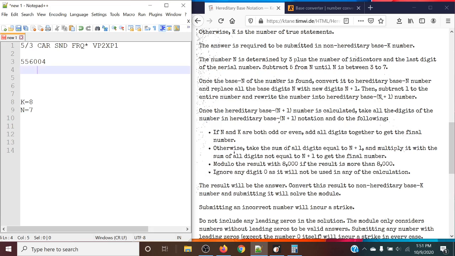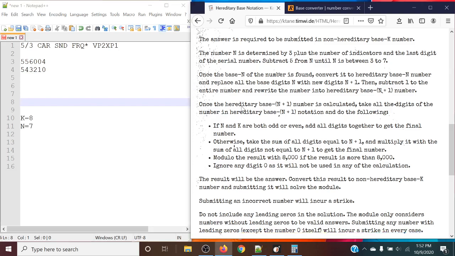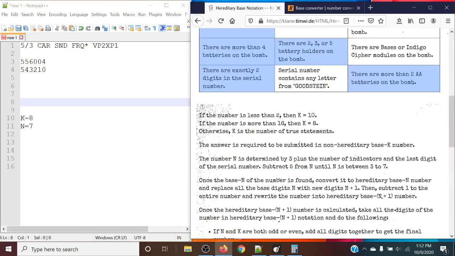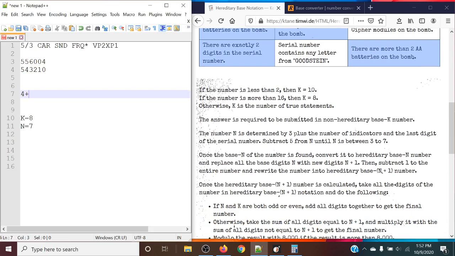So let's continue on. So we have base 0, we have base 1, we have 2, we have 3, 4, 5. I'm essentially just assigning the exponential values to each of these numbers. And this is actually a really easy example because we won't have the hereditary base notation kick in that much. So we have 4 plus nothing from 7 to the power of 1 or 7 to the power of 2.